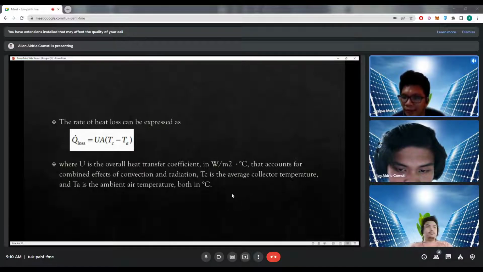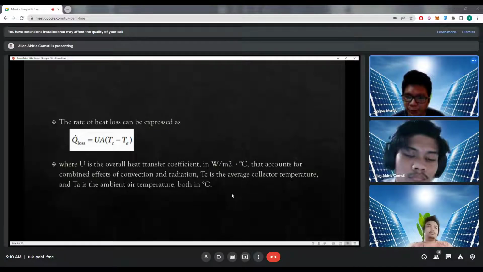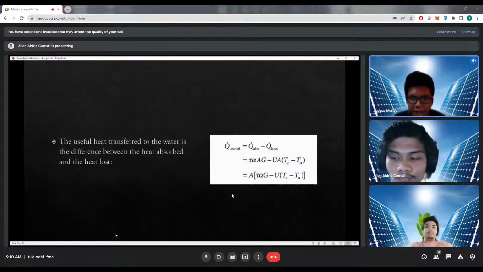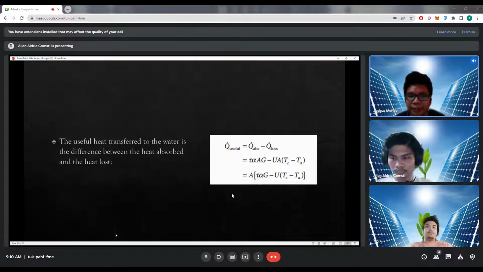Tc is the average collector temperature and Ta is the ambient air temperature, both in degrees centigrade. The useful heat transfer to the water is the difference between the heat absorbed and the heat loss, which is Q_useful equals Q_abs minus Q_loss.